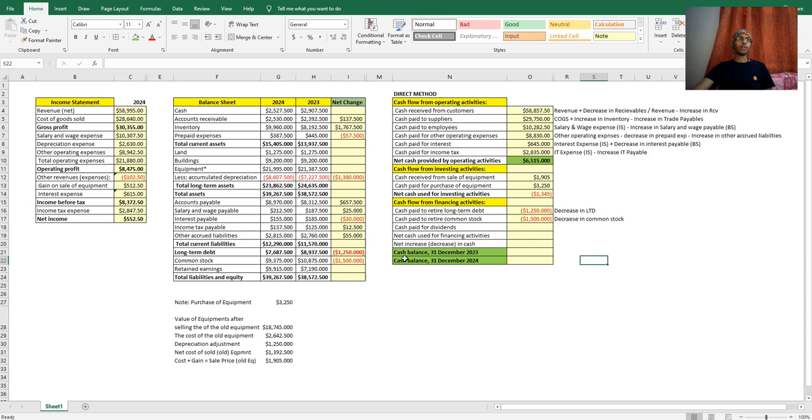Cash paid for dividends. So you can see the change in retained earnings, friends. This is equal to this minus this. 2725 was the change in retained earnings. So friends, we had made a mistake in the calculation of net income. This is basically income before tax minus tax expense, right?